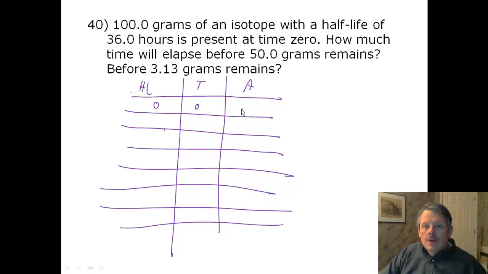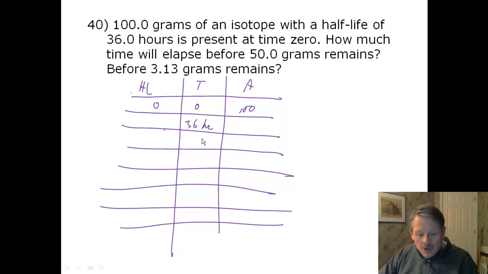We have 100 grams. We have 36 hours, half-life of 36 hours. All right, so we're going to just work our way down this one. Let's see, how much time is left before 50 grams remains? And then for 3.13 grams.